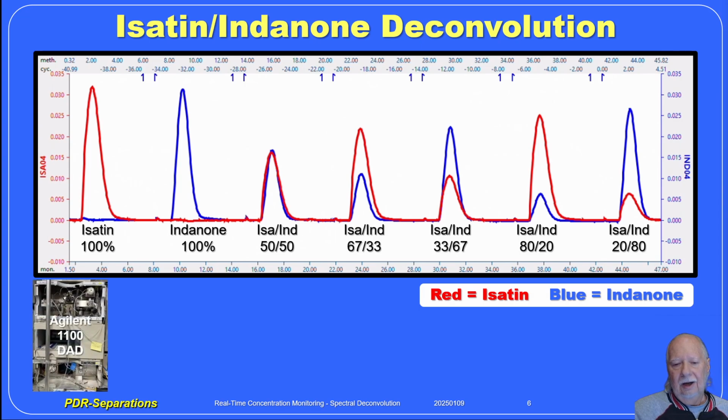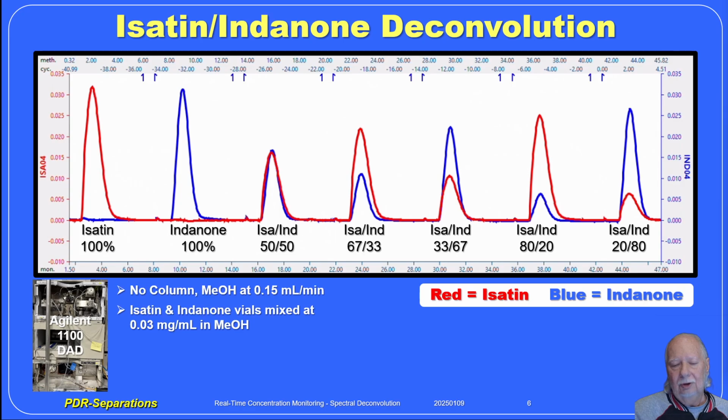This was taken on an Agilent 1100 with diode array detector recently here in my lab. No column, methanol at 0.15 milliliters per minute. Isatin and indinone vials were mixed at 0.03 milligrams per milliliter in methanol.